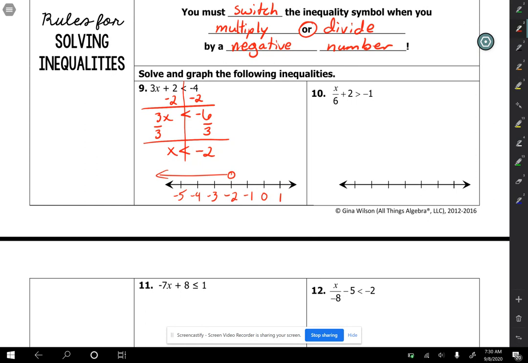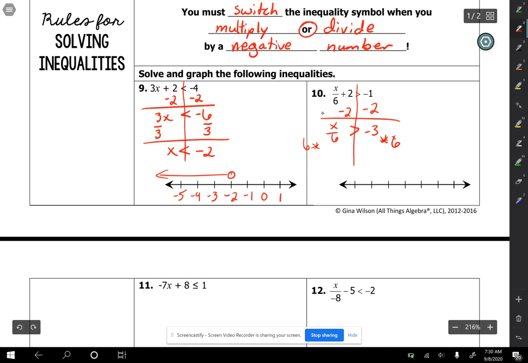Now on number 10, I'm still going to solve this. Subtract 2 from each side. Oh, not 3. x over 6 is greater than -3. Then we multiply by 6 on both sides. x is greater than -18.